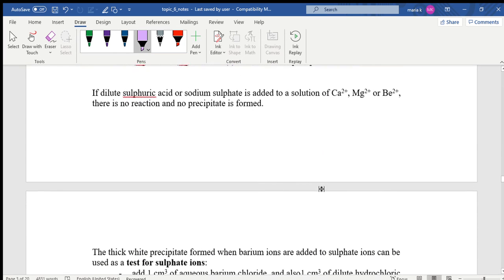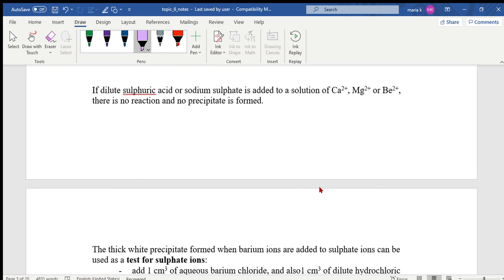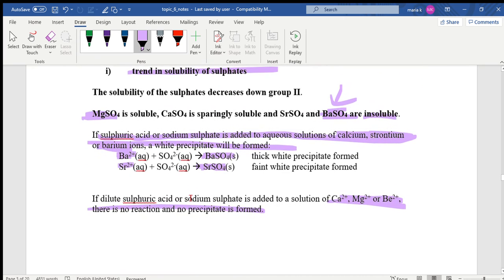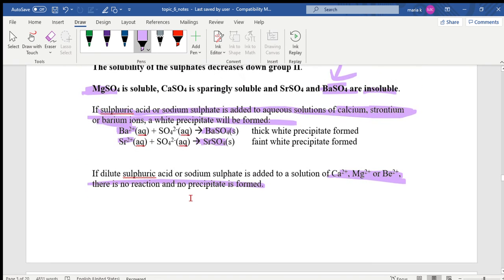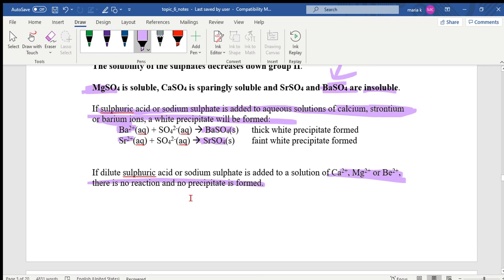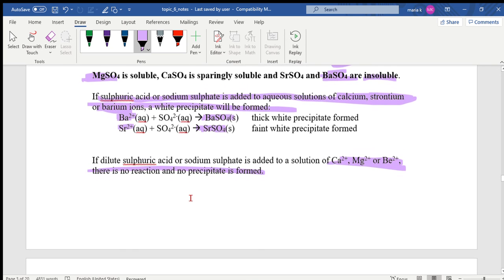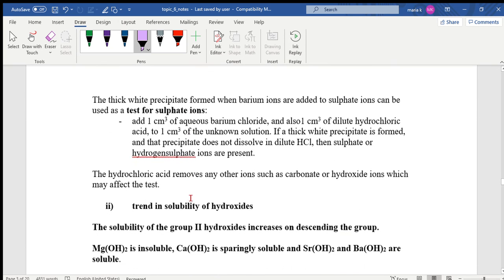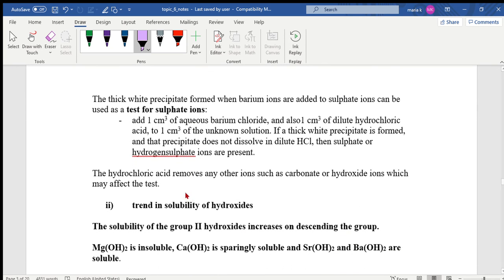If dilute sulfuric acid is added to the top ones, there is no reaction and no precipitate. So it's more so the lower ones. The precipitate formed when barium ions are added to sulfate ions can be used as a test for sulfate ions.